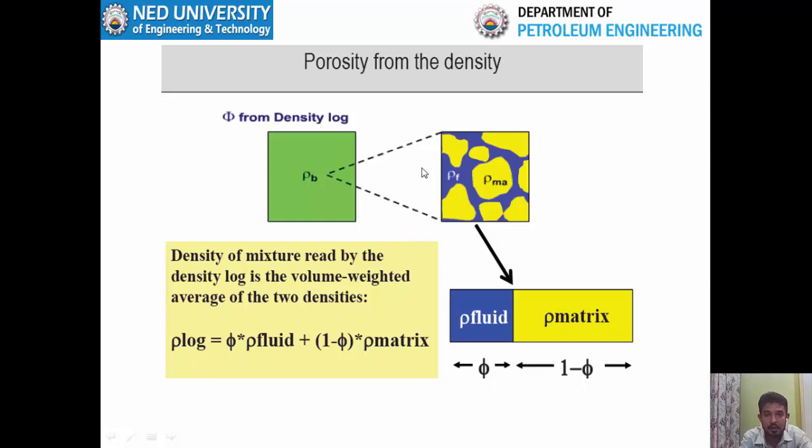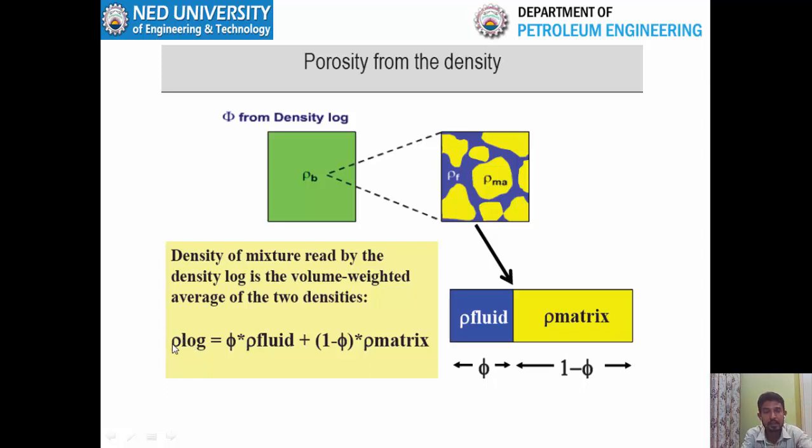So when you need to estimate the density of this system, it is a two component system. One component is your solid and the second component is the fluid present in the pores. So when you are required to calculate the average density of this two component system, you will use the volume weighted average of the two densities. So density of log, again this is the bulk density because the log is reporting the bulk density.